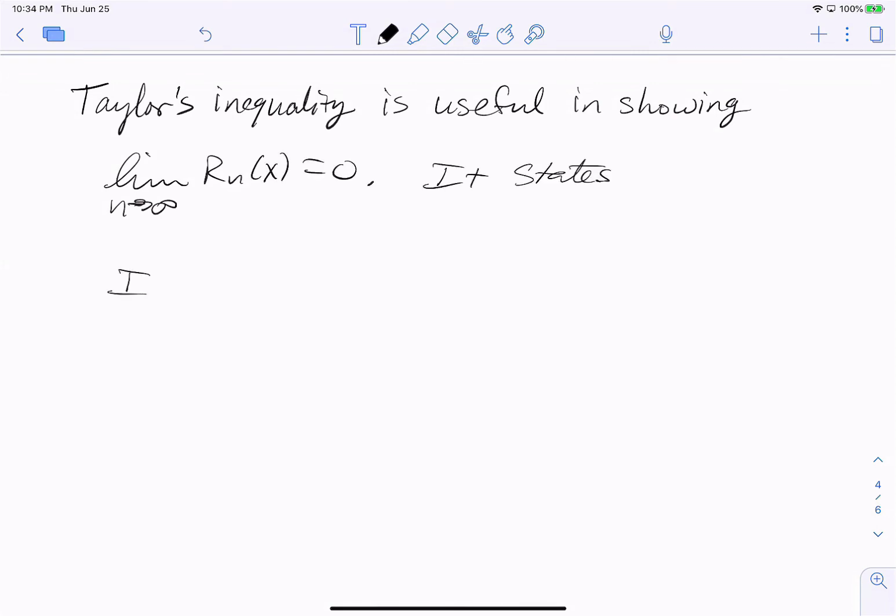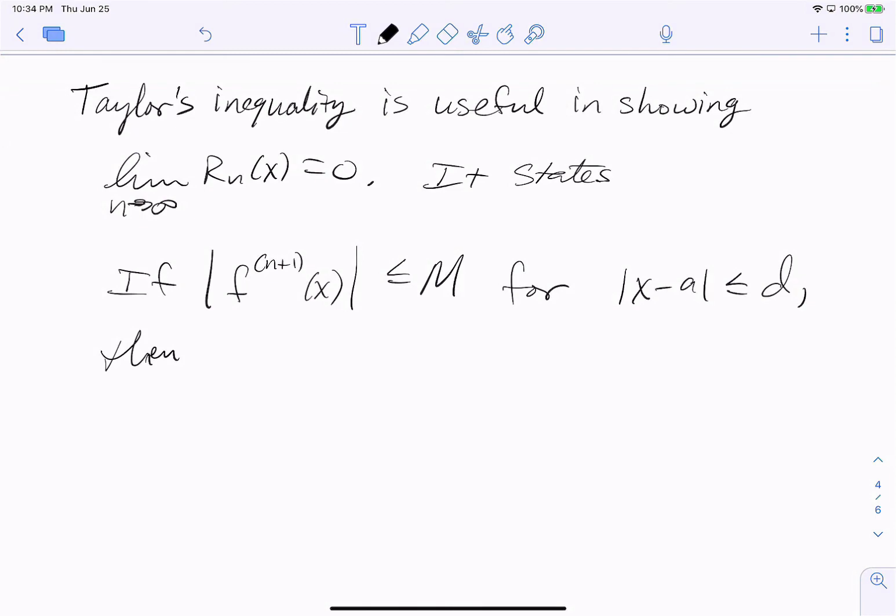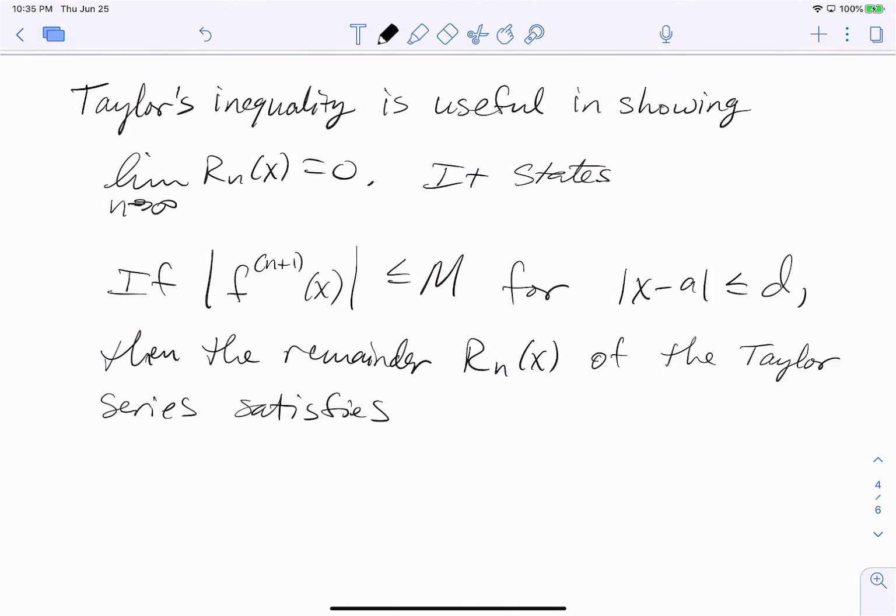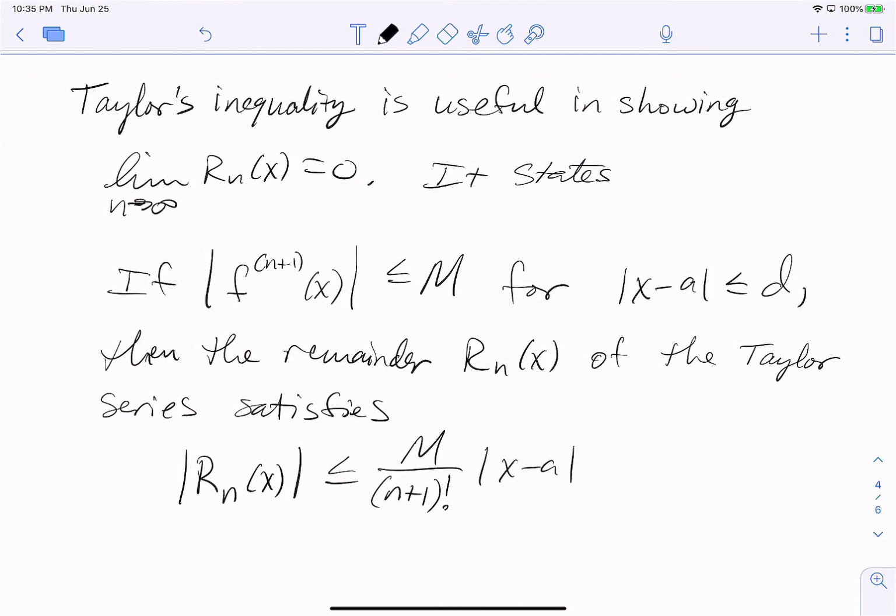It states that if the absolute value of the n plus first derivative of f is no bigger than some number m for an interval absolute value of x minus a less than or equal to d, then the remainder r sub n of x of the Taylor series satisfies that the absolute value of the remainder after the nth degree polynomial is less than or equal to m divided by n plus 1 factorial times the absolute value of x minus a to the n plus 1, for the interval absolute value of x minus a less than or equal to d.